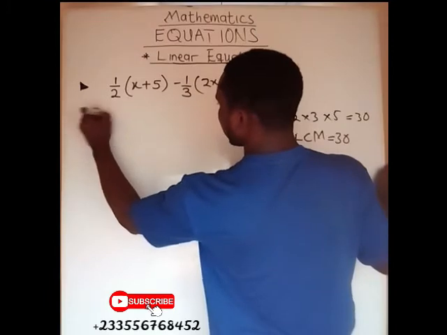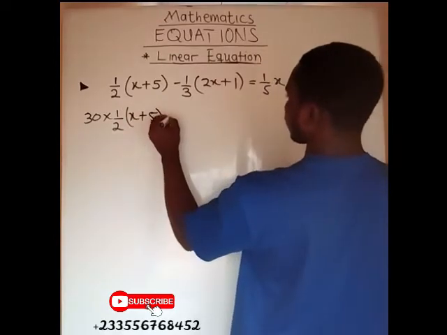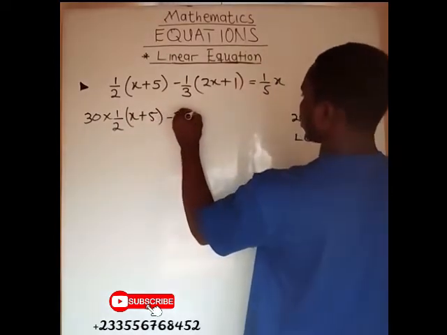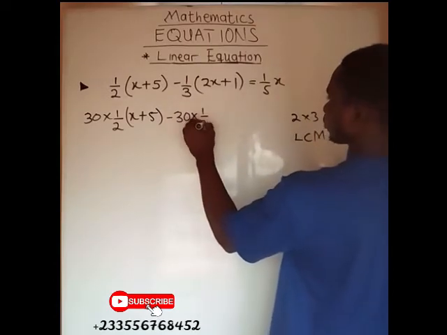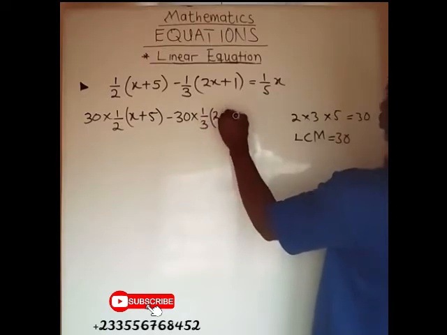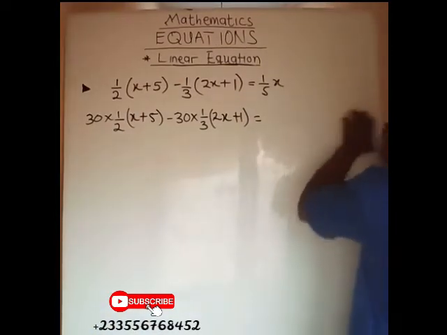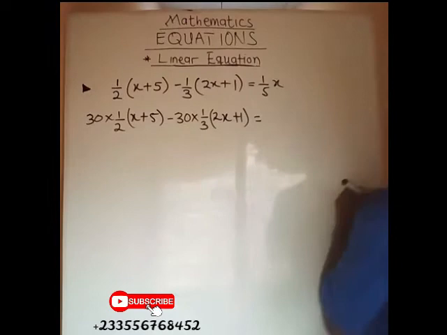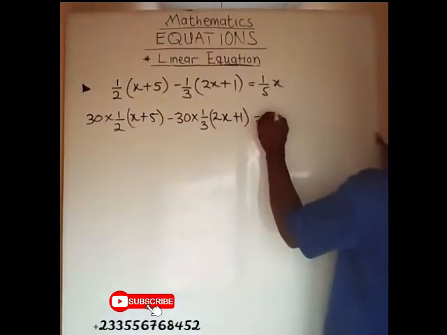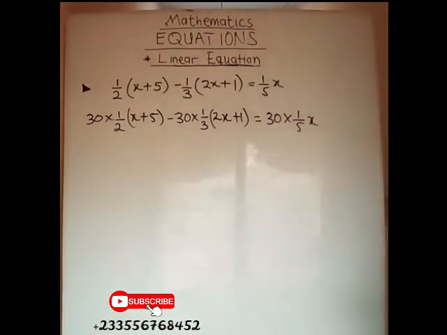We have 30 times half bracket x, minus 30 times bracket. So at this point, we are going to simplify the equation.